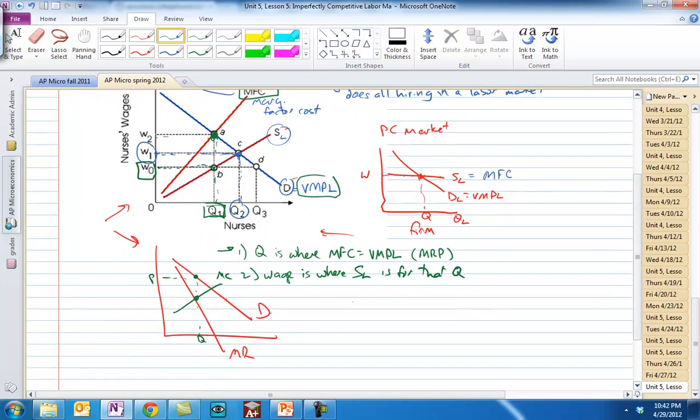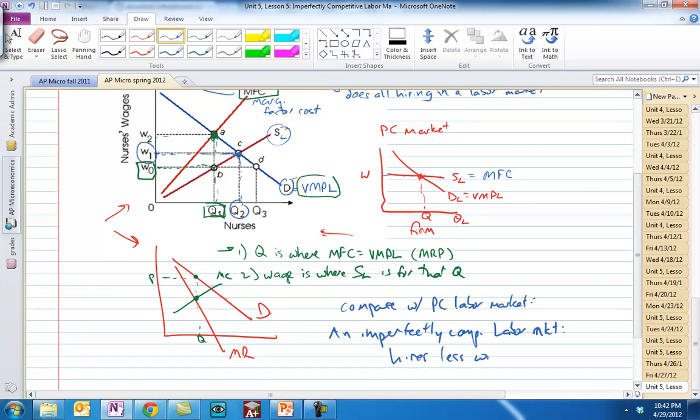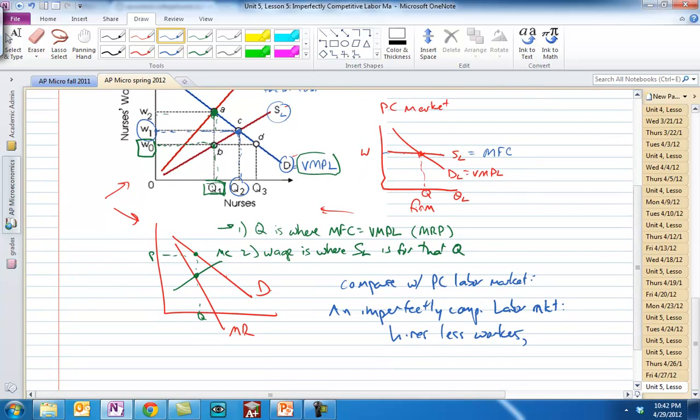So when you compare with a perfectly competitive labor market, an imperfectly competitive labor market, like a monopsonist, hires fewer workers and pays them less.